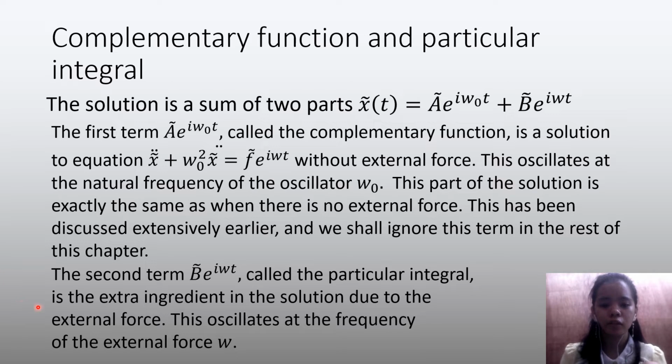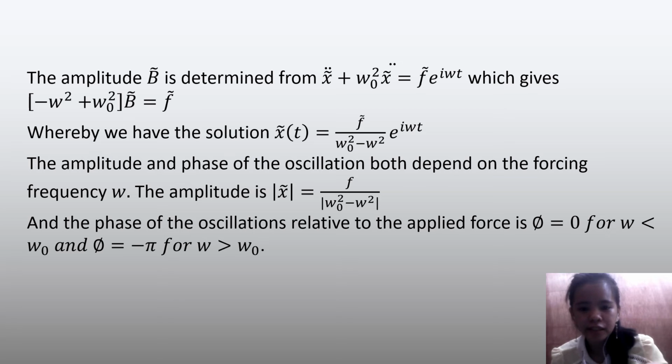The second term, called the particular integral, is the extra ingredient in the solution due to the external force. This oscillates at the frequency of the external force. x double dot plus W0 squared x is equal to F e to the power of iWt, which gives (negative W squared plus W0 squared) A equal to F, whereby the solution is this, and the amplitude and phase depend on the forcing frequency.